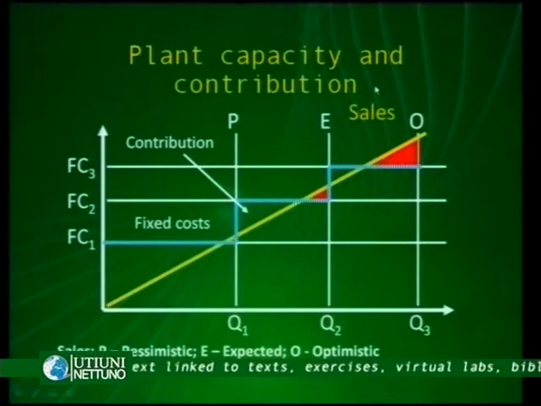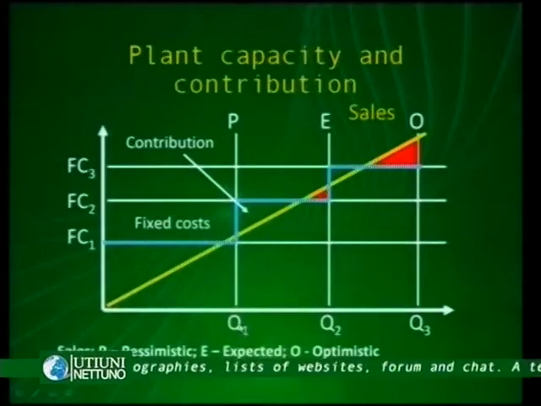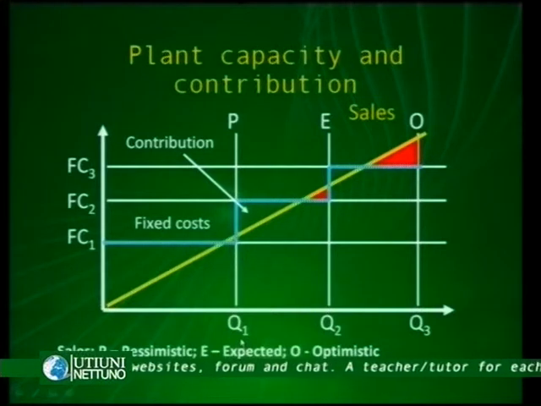Plant capacity and contribution. Let's refer to this picture here in order to observe what the contribution might be. On the horizontal axis here we have the quantity Q1, Q2, Q3.